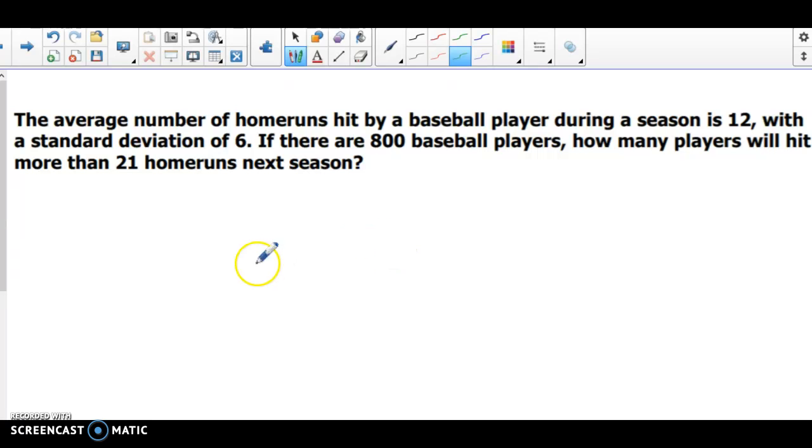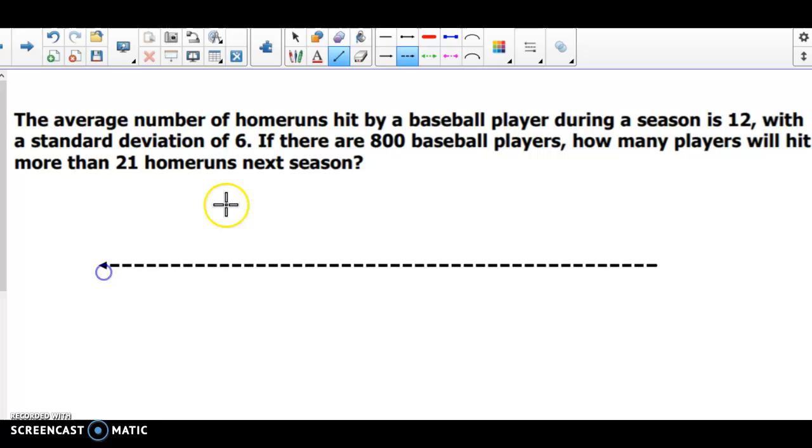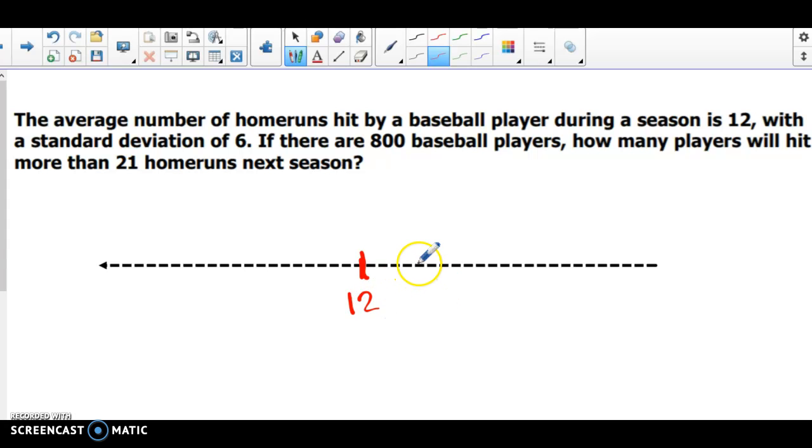Average number of home runs hit by a baseball player during a season. And if we look at this, the mean is 12. And you have a standard deviation of 6. So you would add 6 to 12 to get 18. Plus 6 would give you 24.